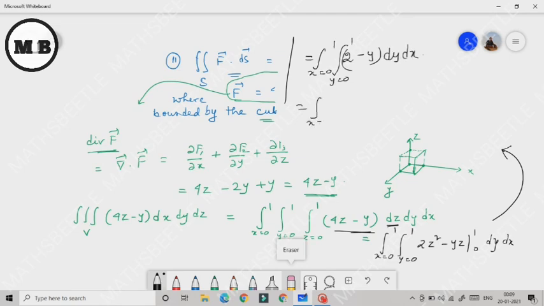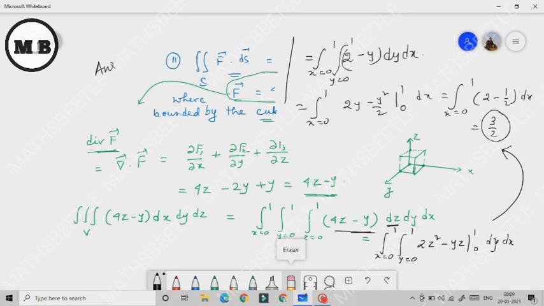Then x from 0 to 1 of 2y minus y square by 2 from 0 to 1 dx. Then x from 0 to 1 of the result dx. Do this calculation and you will find 3 by 2 as your answer. Yes, the answer will be 3 by 2.